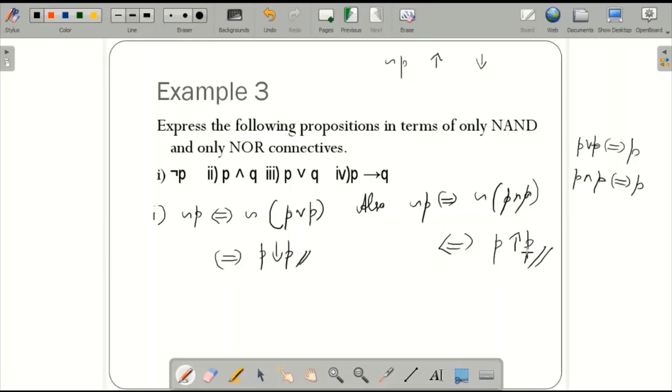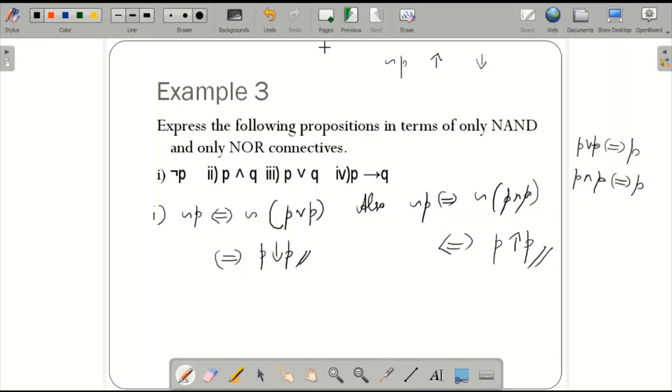The formula I used is the idempotent law: I replaced P with P or P, and outside not and this or is NOR; I replaced P with P and P, and outside not and this and is NAND. So we got both in terms of only NOR and only NAND.